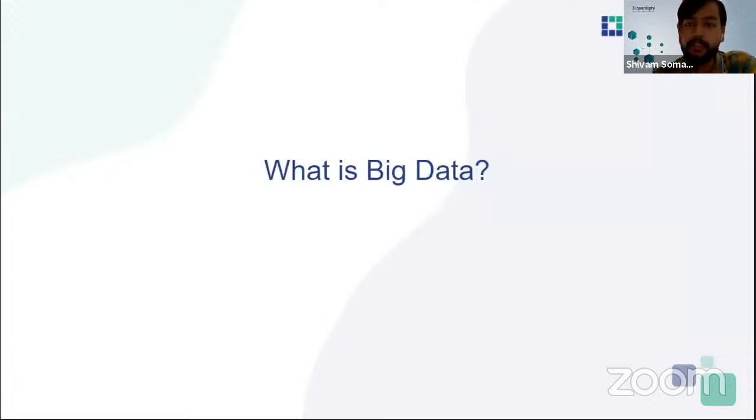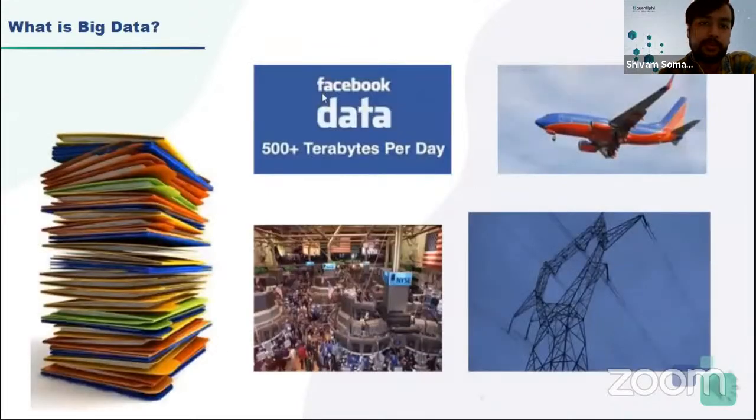Everything in the current world generates some data. It all started in ancient times, when people used to write their text or diagrams on tablets, and then in the traditional world we had file systems where files were stored in a paper-based manner. Then we had the internet and everything came online, and now we are generating a lot of data.